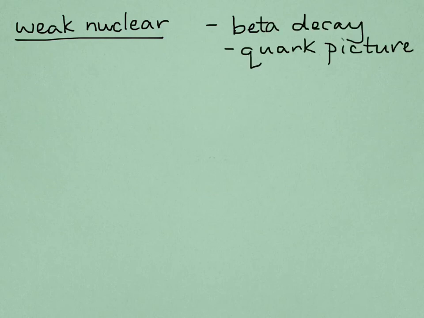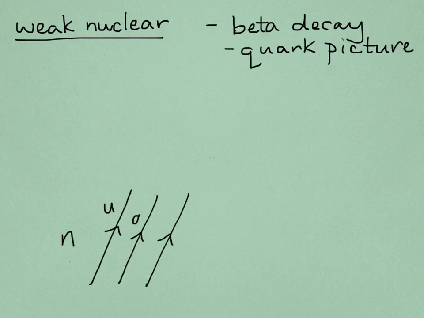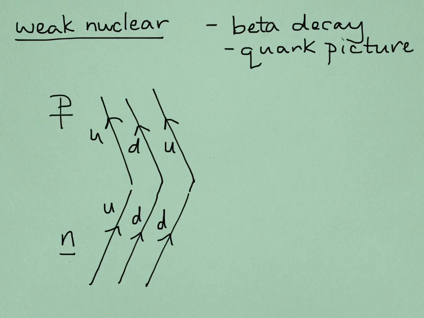The one slight variation is beta decay again, but in the quark picture. So a neutron can be represented, in terms of its 3 quarks, as an up, a down and a down quark. And in order to turn into a proton, which is an up, up, down, one of the down quarks has got to turn into an up quark.